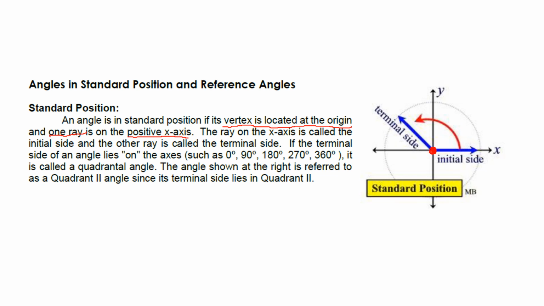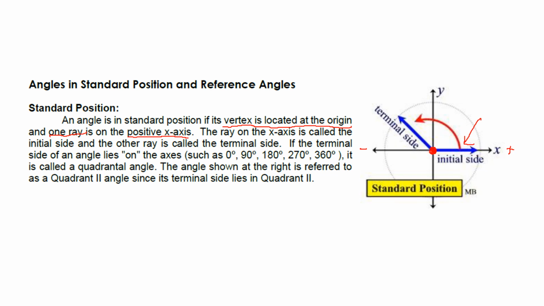So we know that this side is the initial side, and one ray is on the positive x-axis. We know that this is the x-axis, positive, and then this one is negative. So this is already an angle in standard position.